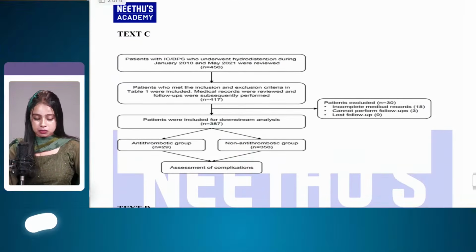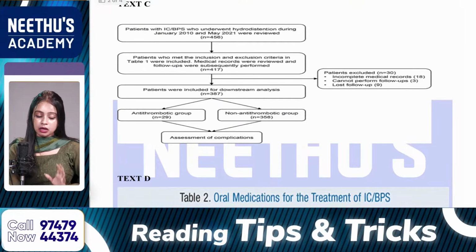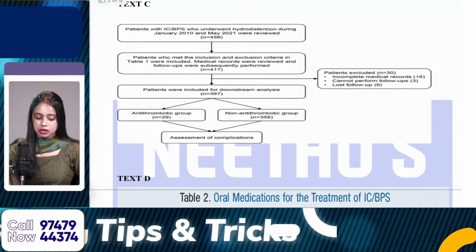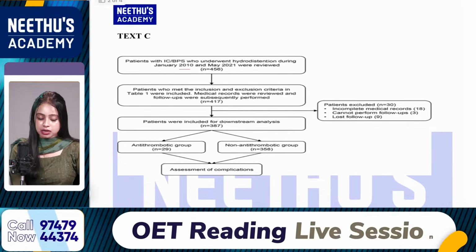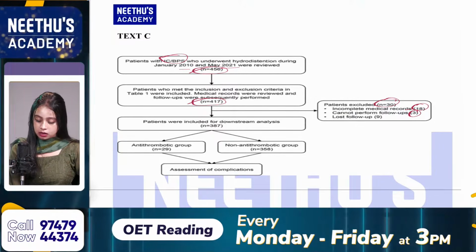Then text C is all about a chart. We have pictorials in text C and text D. There are a lot of numbers and abbreviations mentioned here. I'm marking everything by skimming and scanning.